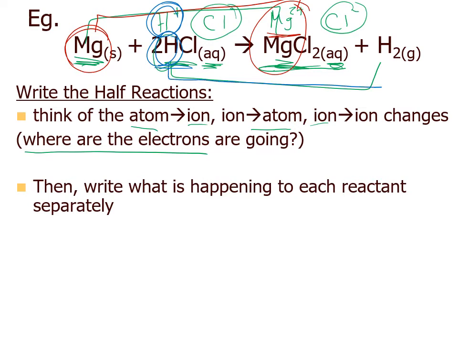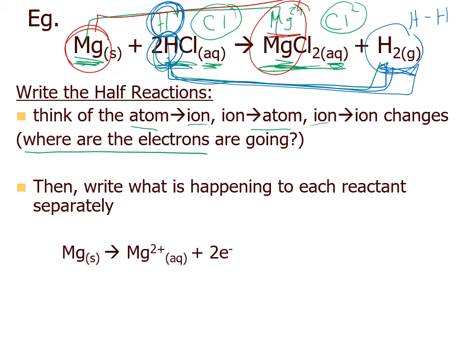It becomes a hydrogen gas molecule, which consists of two hydrogen atoms bonded to each other, each with its full complement of electrons. So the hydrogen ion must have gained an electron to take part in the hydrogen gas molecule. Reduction is the gain of electrons. So magnesium is being oxidized, and hydrogen is being reduced.